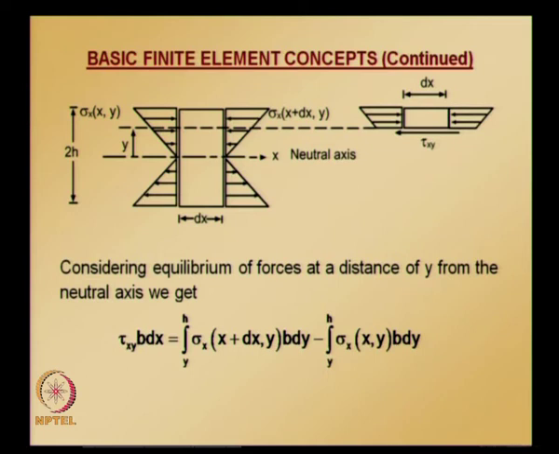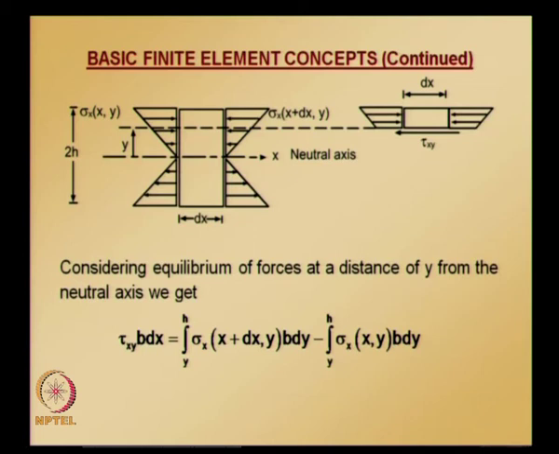So, sigma x times width times dy is integrated. Note that 2h is the total depth of the beam and the neutral axis coincides with the x axis. So the beam depth goes from h to minus h. Integrating sigma x times width times dy from y to h gives us the normal force, and integrating it on either side of this infinitesimal element, we get what is shown in the equation on the right hand side.